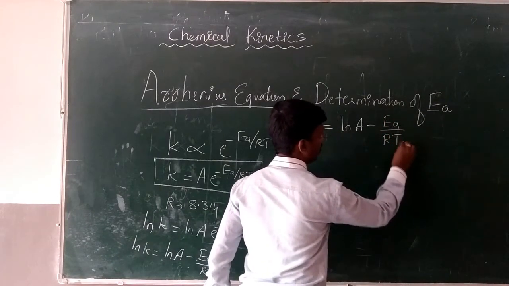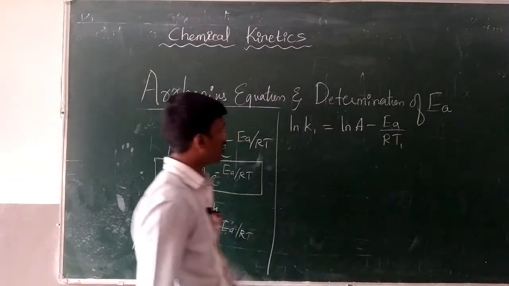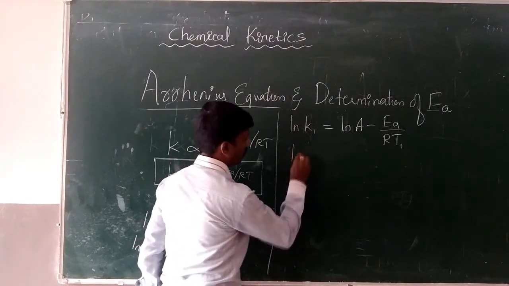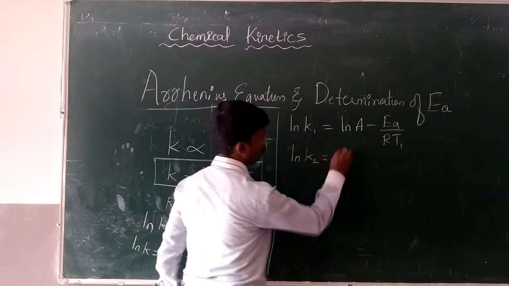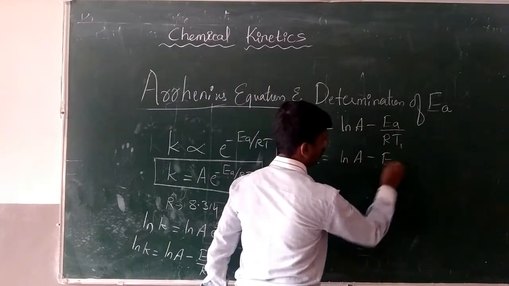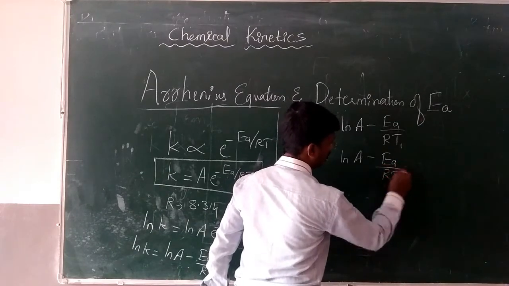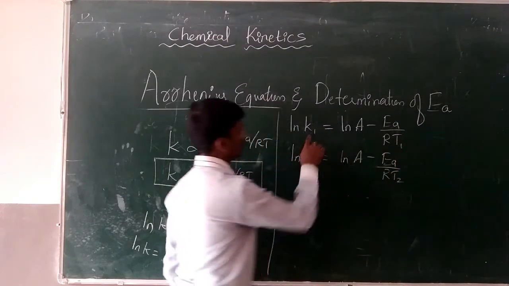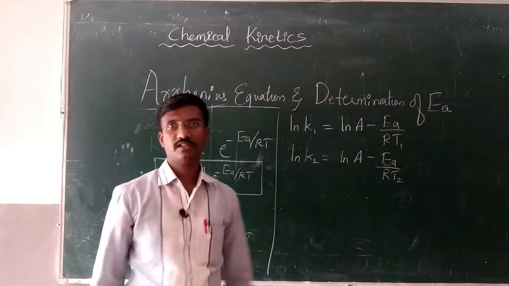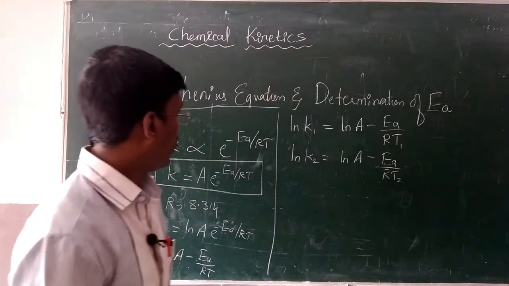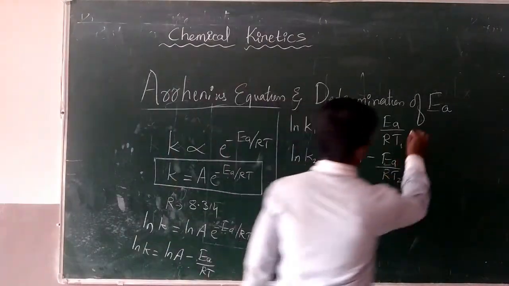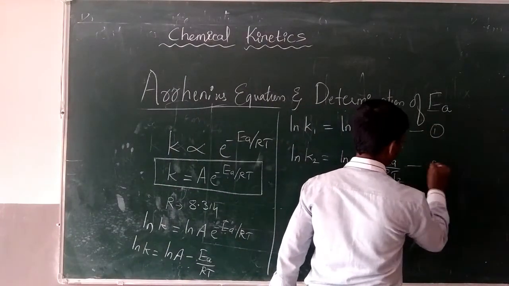While writing T, we write T1 because at the temperature T1 the rate constant is k1. Similarly, for the rate constant k2 at the temperature T2, ln k2 is equal to ln A minus Ea upon R T2.